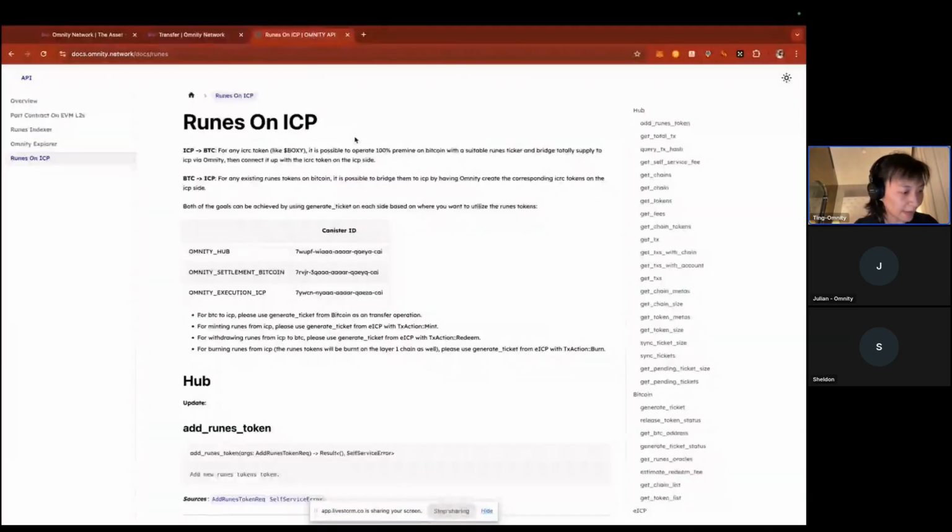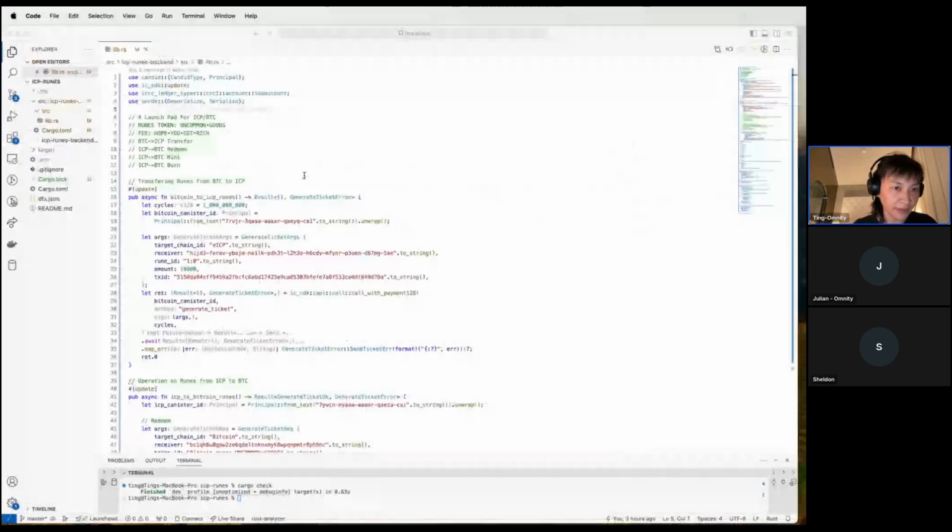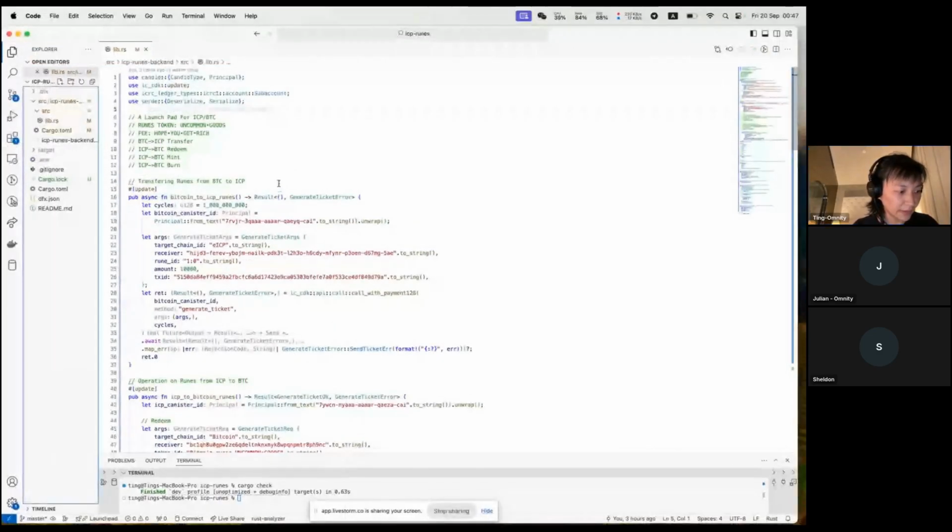So there we go. There's a scenario for our code example here. Assume that you are thinking about using Runes as your dApp token, say UNCOMMON GOODS, and you probably want to have them on ICP.